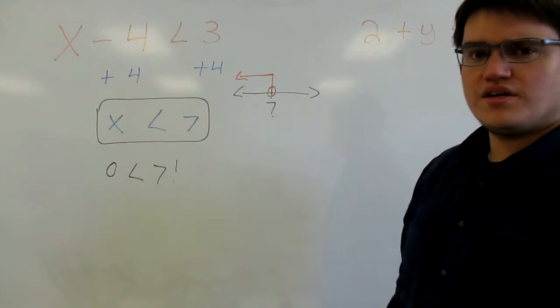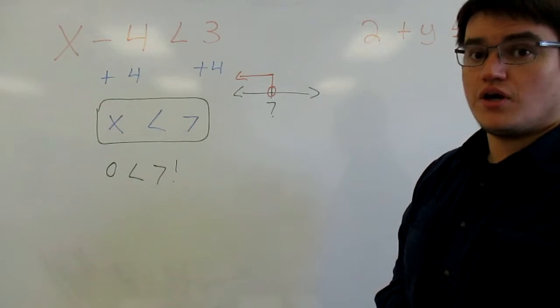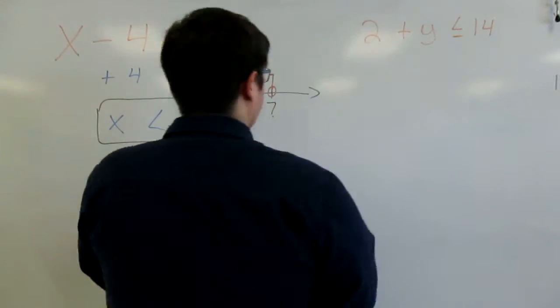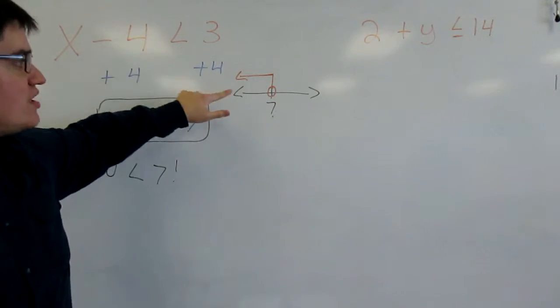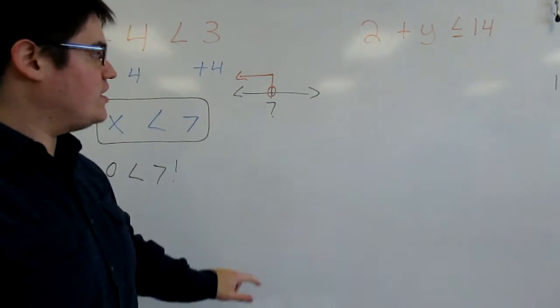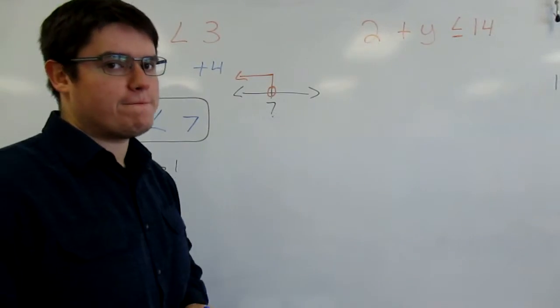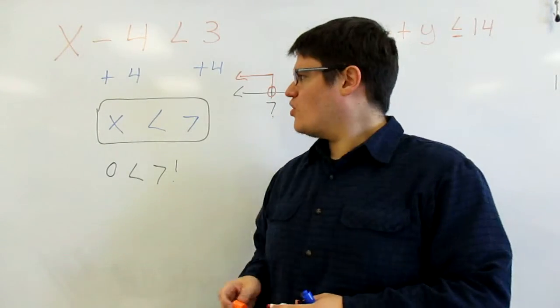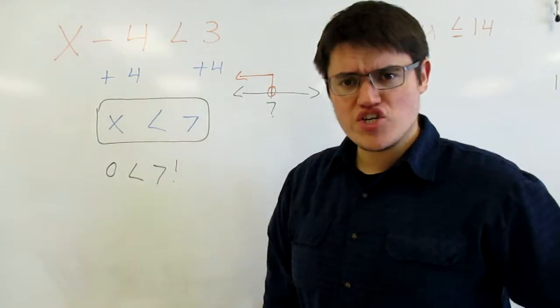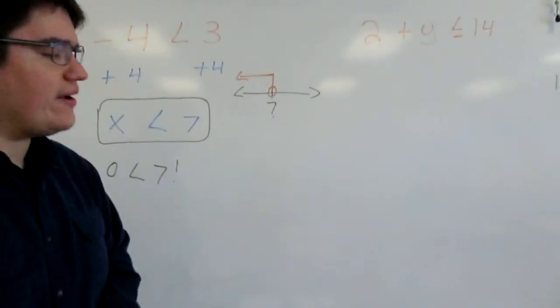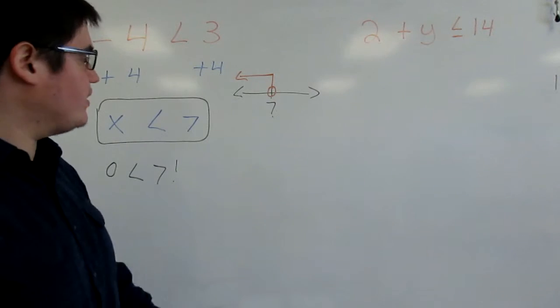Why did we leave that circle open? Great question! In our beginning inequality, we didn't have an equal to sign, so 7's not included. So you have to leave that open. But Mr. Pons, what does this mean? Another great question. Okay, this is the key point of these inequalities.